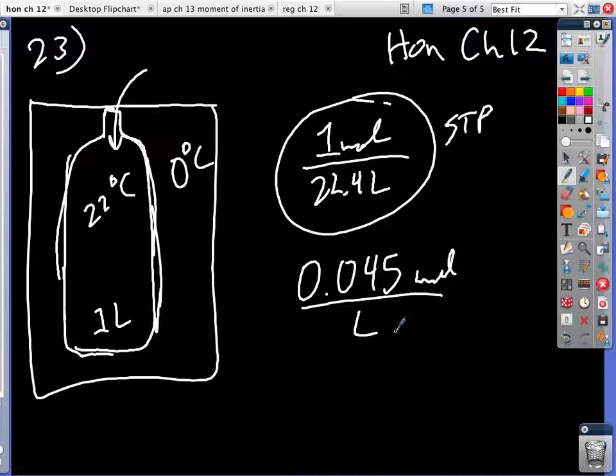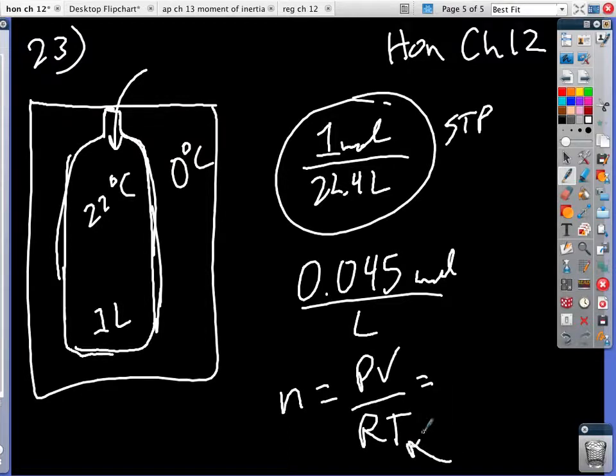Okay, so then, PV = nRT, that's what I would use. So I would say n is equal to PV over RT. Now for this one, don't forget, for that T, what do you have to do? Kelvin. Yeah, make sure you use Kelvin. I think 8.314 is in Kelvin, so just be consistent with yourself.